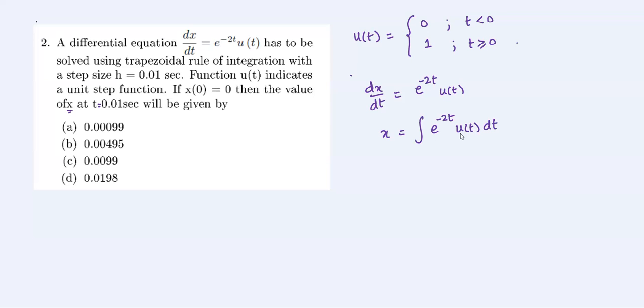We want the first step interval, so suppose we integrate from t equal to 0 to t equal to 0.01.